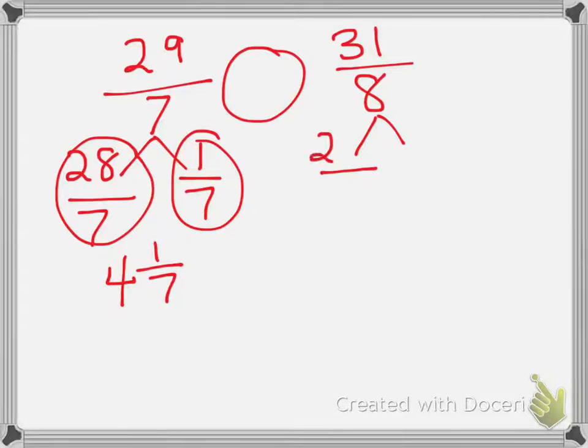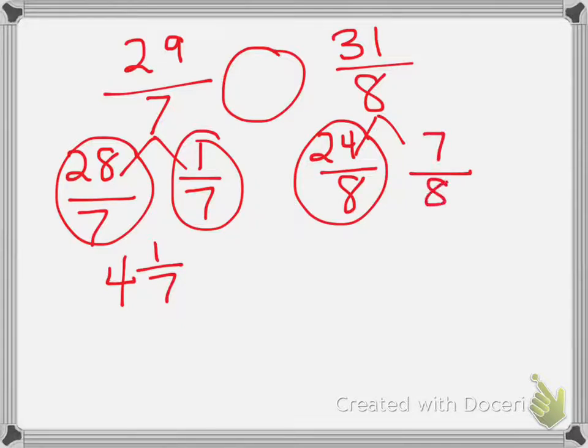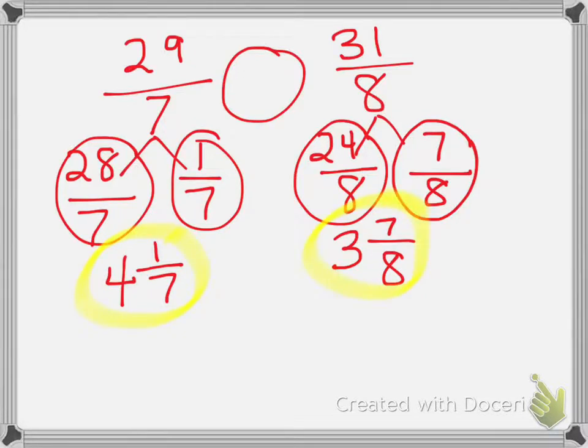So it can go 24/8, and counting up from 24, I would have 7 more eighths. Okay, and that is going to give me 3 7/8. Okay, and I want you guys to notice something right away. These are the fractions that I can compare now.